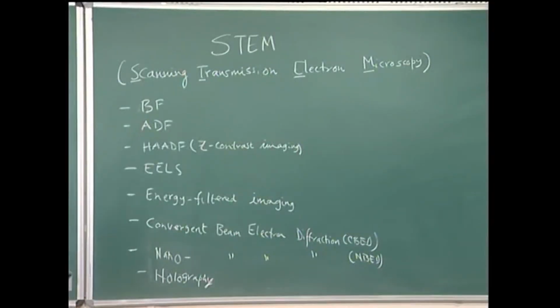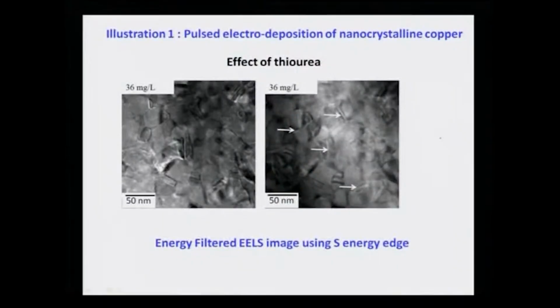And so the images corresponding to electrons that have lost a particular amount of energy can be obtained. To give you an idea, this is the illustration which I showed in the very first lecture for nanocrystalline copper pulse electrodeposited using thiourea.